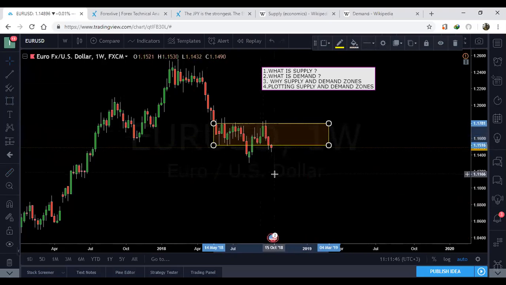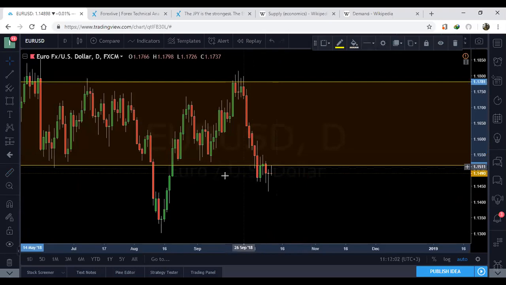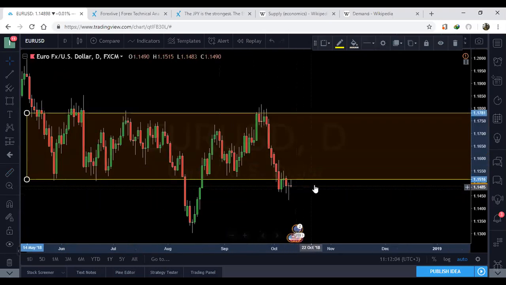But remember, the weekly time frames are so slow, you have to wait for the whole week for the pattern to close. I am patient, but I am not that patient. So I'll just focus on the daily chart because I'm an intraday trader.